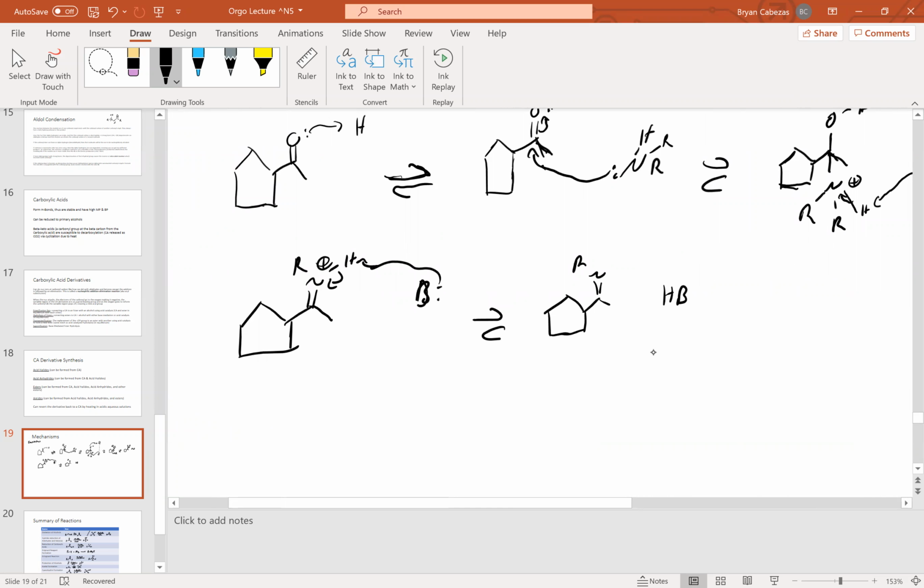And what's going to happen is that rather than the R group being removed from this nitrogen, the base is going to take a hydrogen that is alpha to the double bond of the nitrogen.